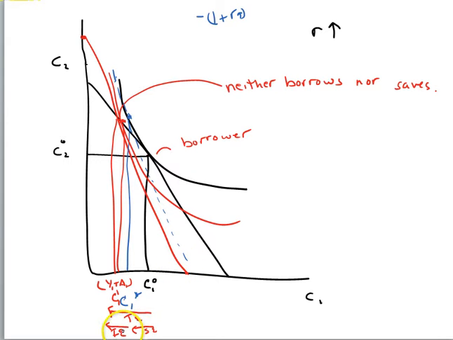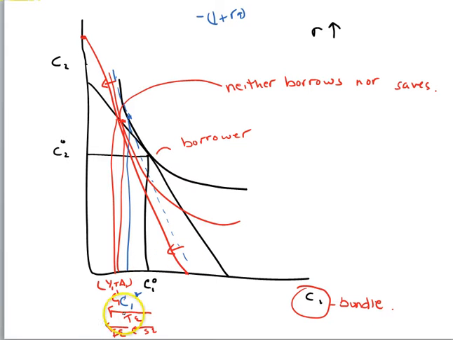Now, what is it that we know about consumption over time when we lump the C's into a bundle of goods? What we say is consumption is normal. If interest rates rise, real income has decreased, and you can see that from the parallel move from that imaginary budget line to the new budget line.